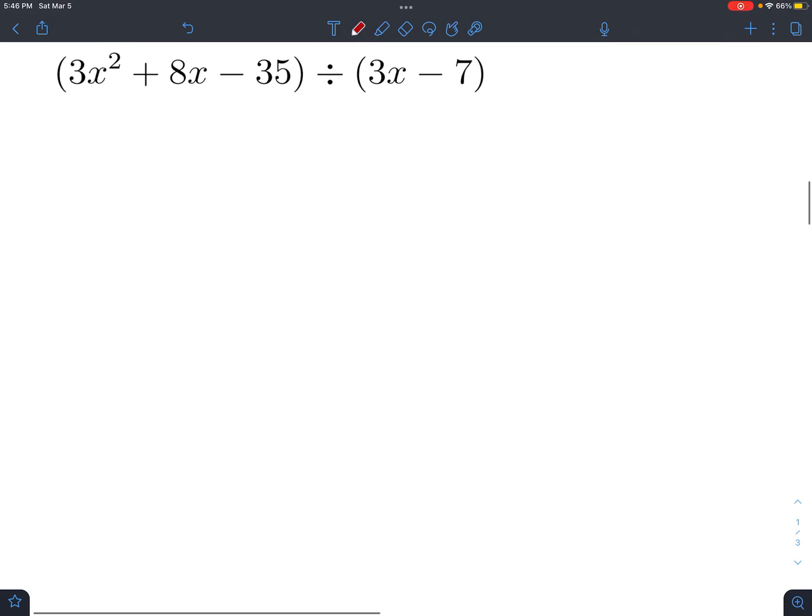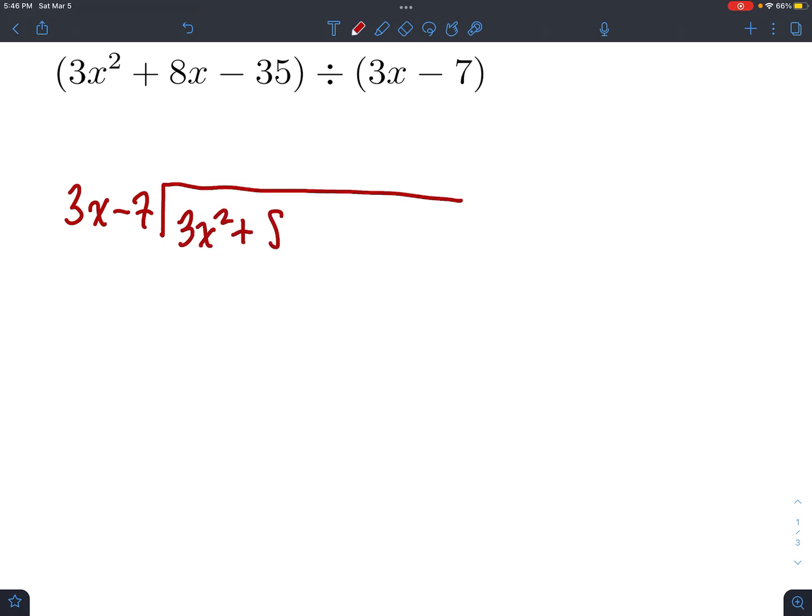So let's just get to the chase. How does this work? What do you need to know? You need to look here and ask, what do I need to multiply 3x by to get 3x squared?